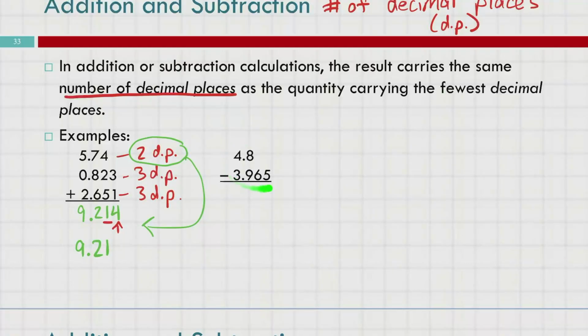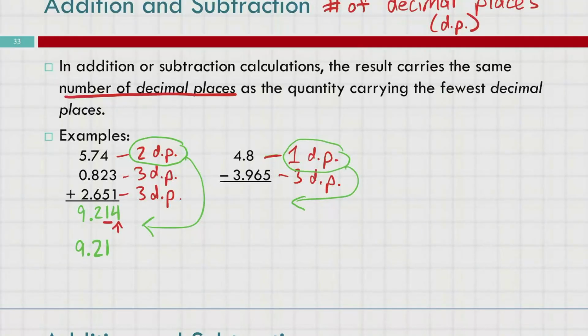For our second calculation, subtraction, 4.8 has 1 decimal place. 3.965 has 3 places after the decimal. 1 is smaller than 3, so we're going to expect 1 decimal place in our answer.